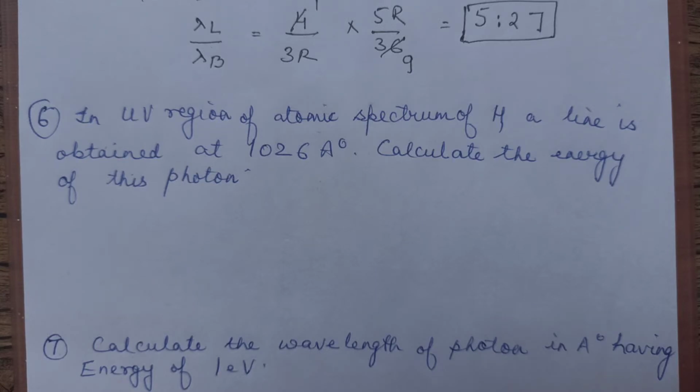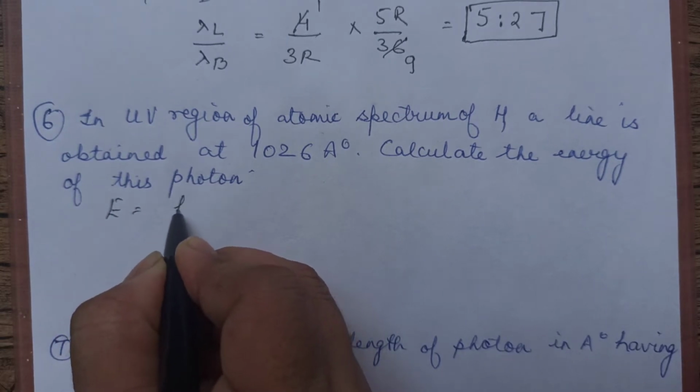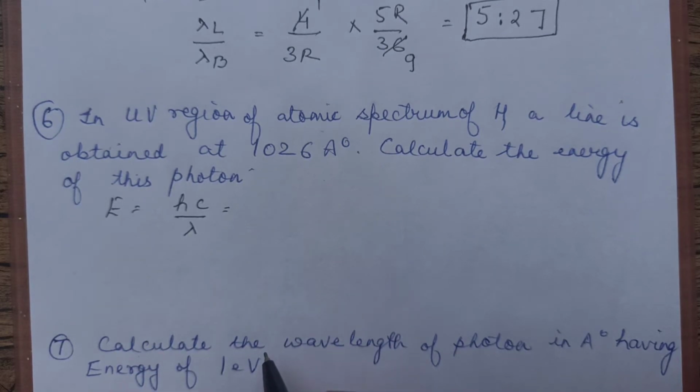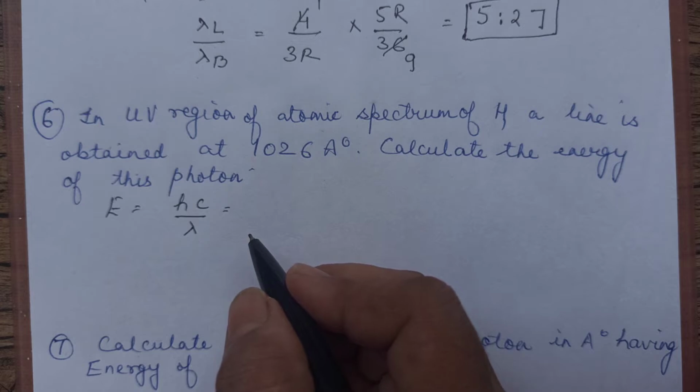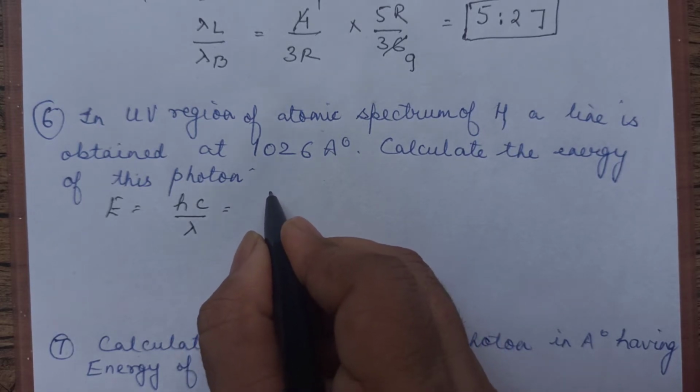But anyway, we are asked to calculate the energy for that, and we know energy is equal to hc by lambda. One thing, children, you can never use angstrom, nanometer, picometer in the calculations. You have to convert them into meter or centimeter. But see to it, if you are using h and c in that unit, you will be using this also in the similar unit.